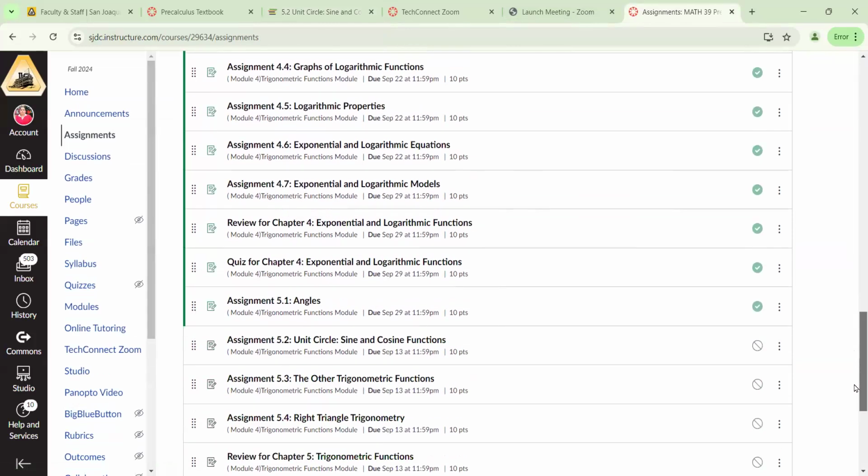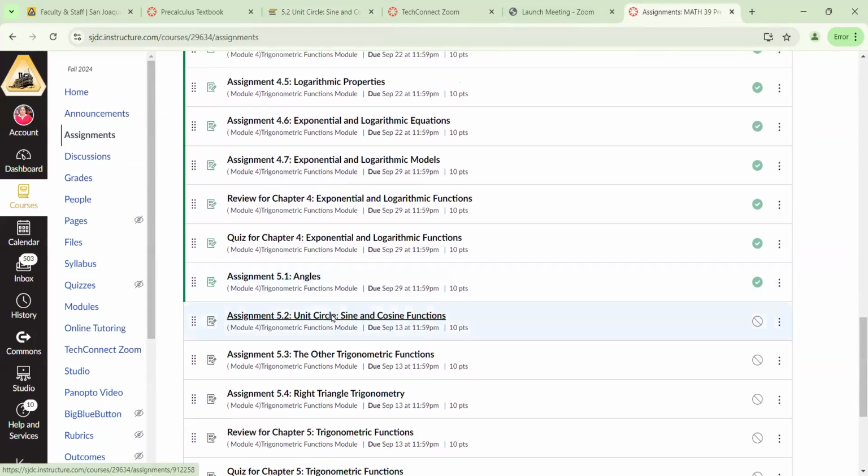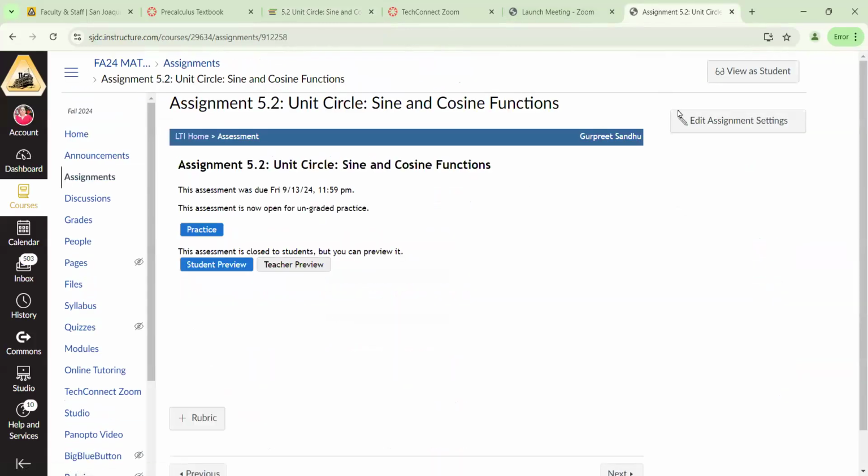So taking us down to 5.2 and making it visible on your side as well, so you can see it on your end also. Okay, let me know if 5.2 became visible on your end.